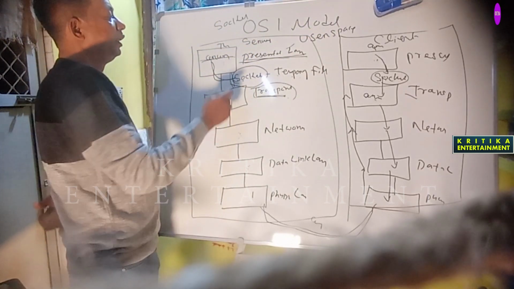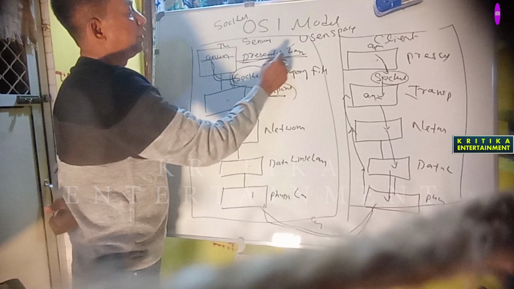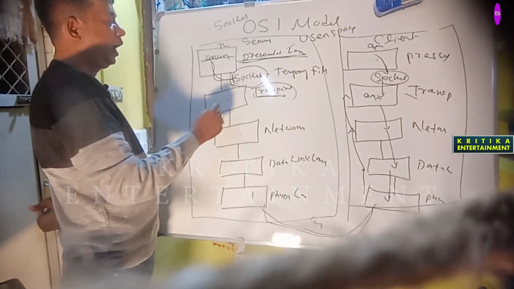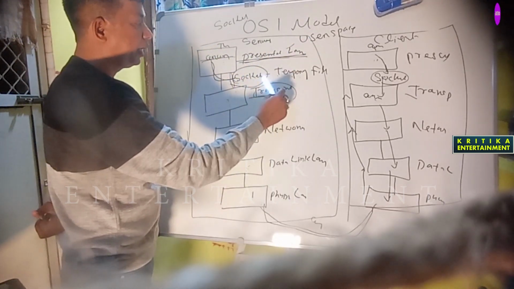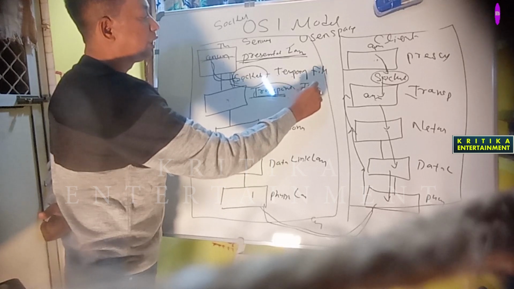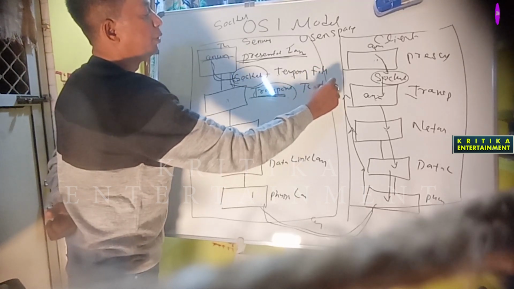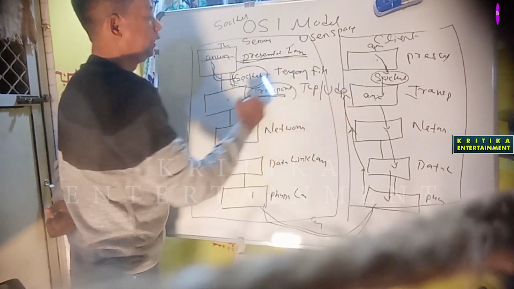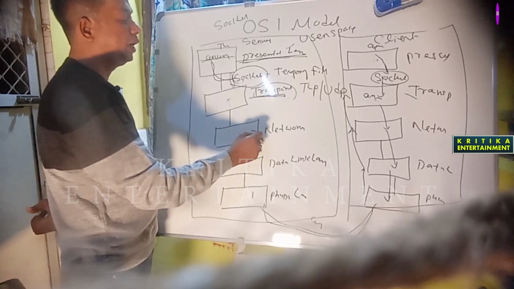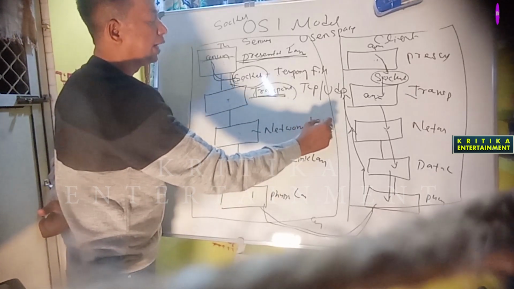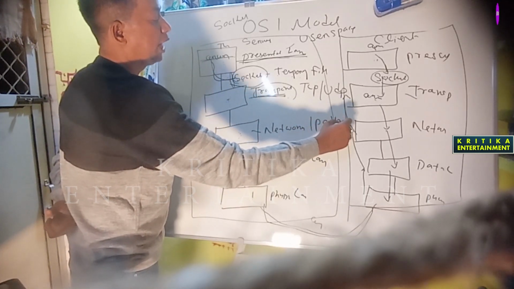Next, in the presentation layer we write the user logic. Then the transport layer uses the TCP or UDP protocols. The network layer contains the IP addresses.